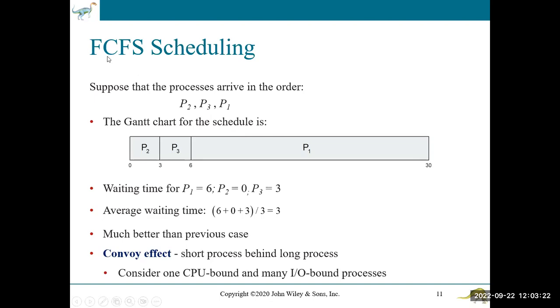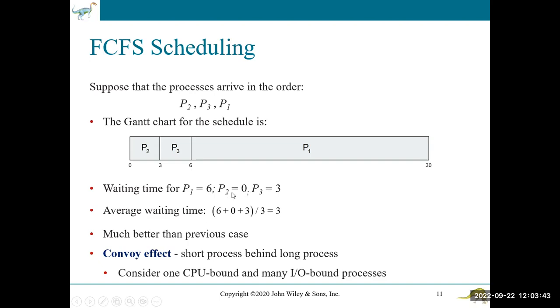So if you're using FCFS scheduling, first come, first served scheduling, and the processes arrive out of order, now the wait time for P1 is 6, because these other tasks are starting and ending.